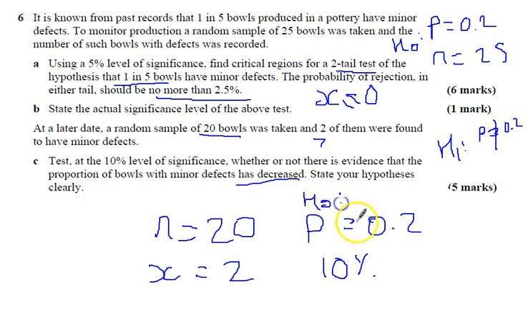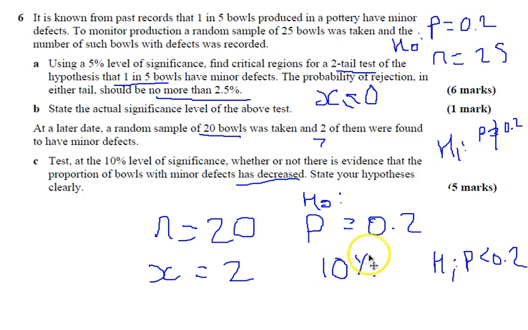H0 is that that's the case, and H1, the probability is decreased, is that the probability is less than 0.2. So if we get a probability of less than 10% in the critical region, we're going to go for H1 instead. We're going to reject the null hypothesis. And if we get something bigger than 10%, then we're going to accept the null hypothesis.